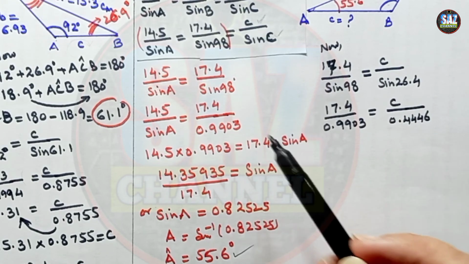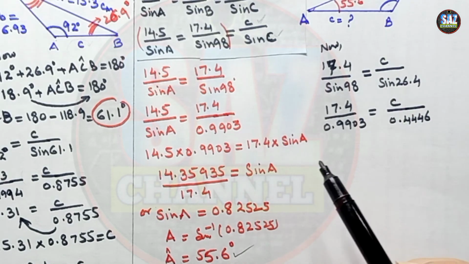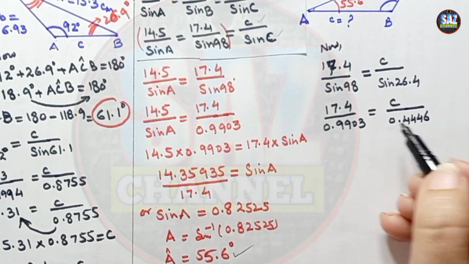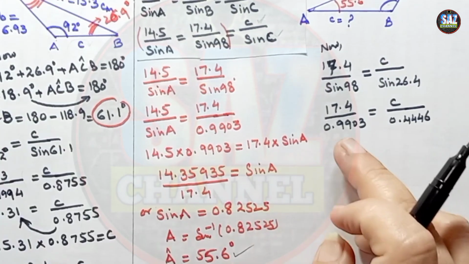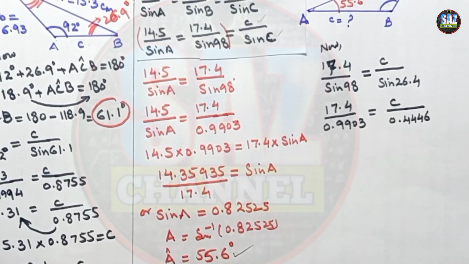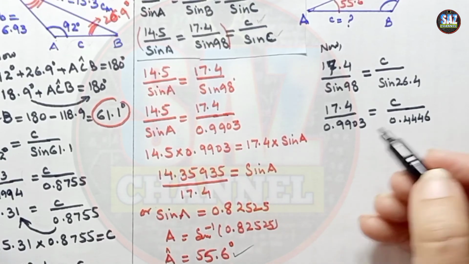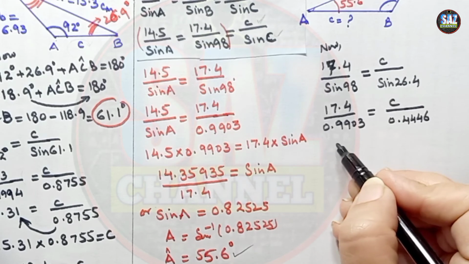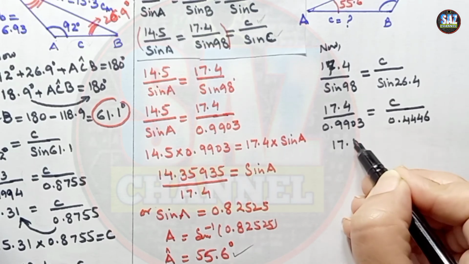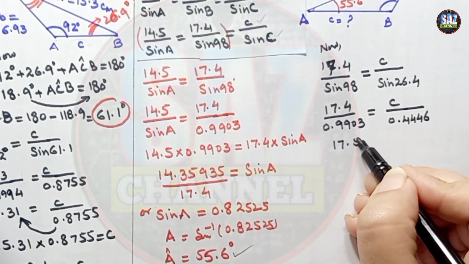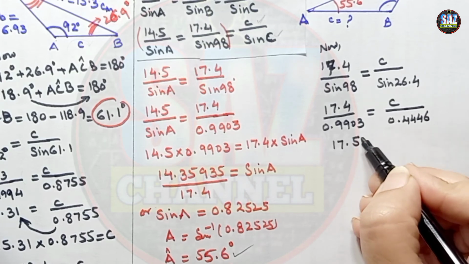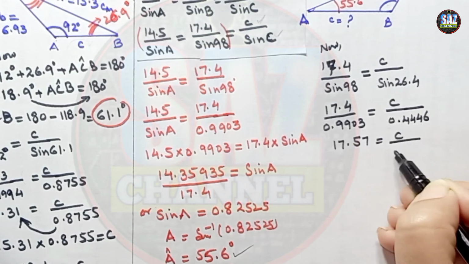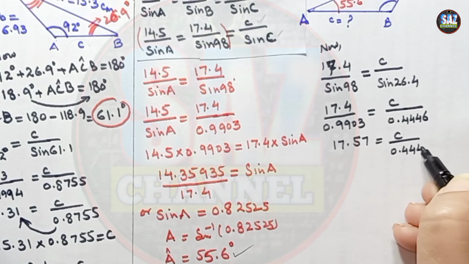Now when I divide 17.4 by 0.9903, this gives me 17.57 equals c upon 0.4446.